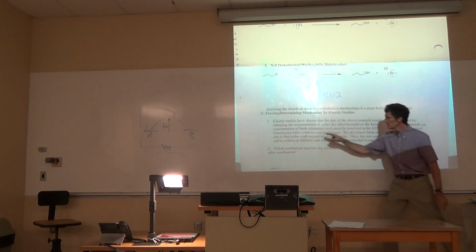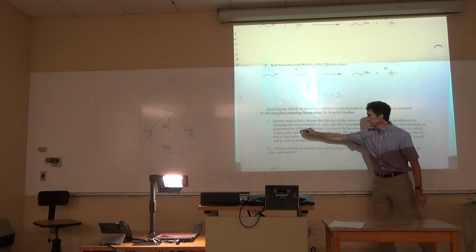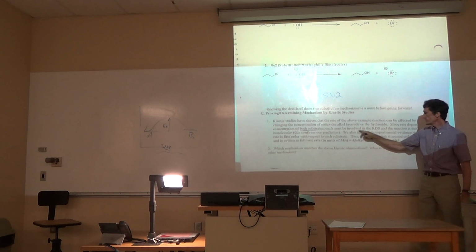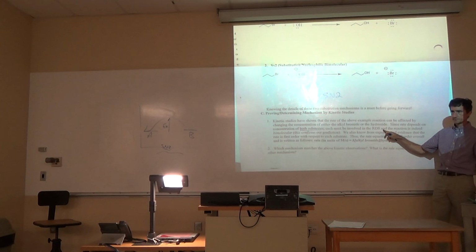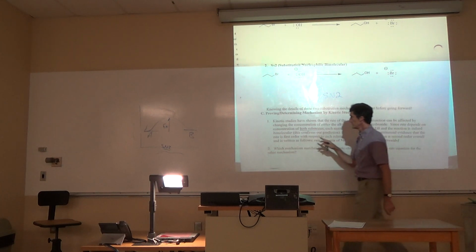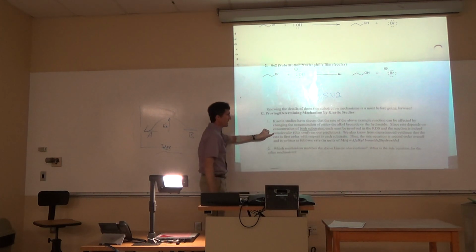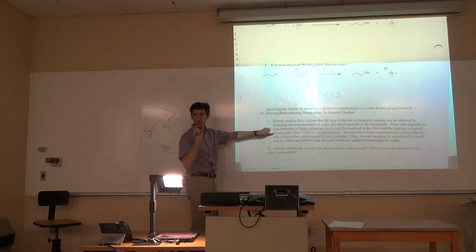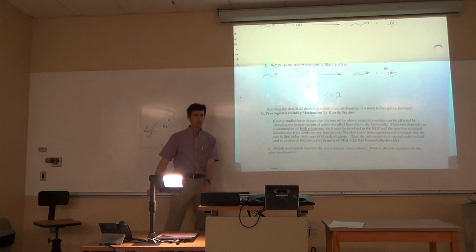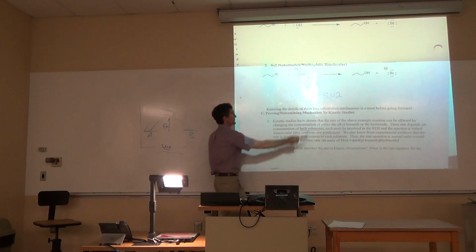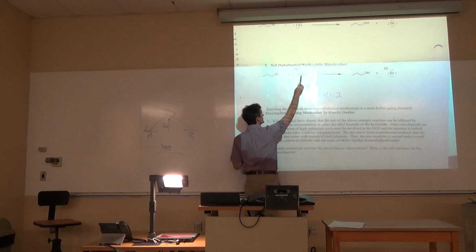Since rate depends on concentration of both substrates, each must be involved in the rate determining step. Since they're both involved in the rate determining step, it must be bimolecular. And that's how you would prove that it's Sn2. You would do a rate study and say, if I change the concentration of this, does the rate change?